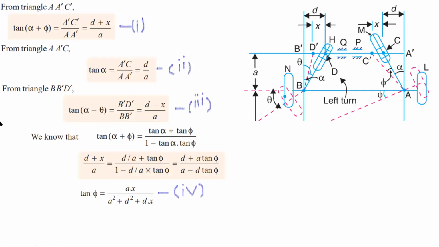Correct. So we have one equation with us, the condition of correct steering. What is that? Cot phi minus cot theta should be equal to c upon b, right? Where c is the distance between pivot points and b is the wheelbase.